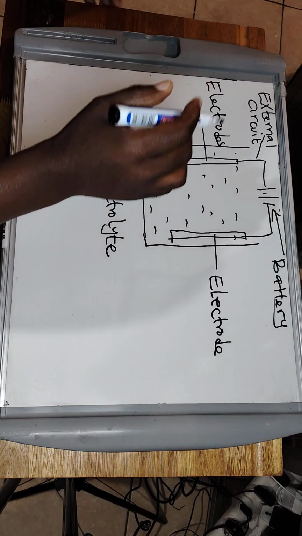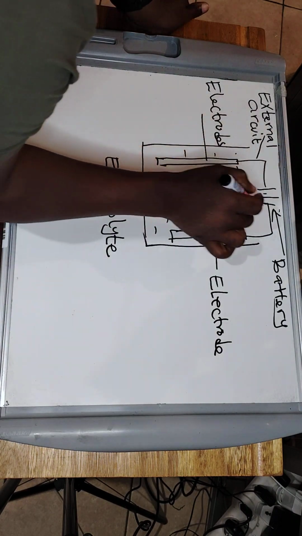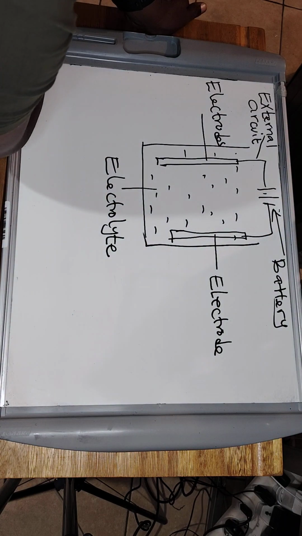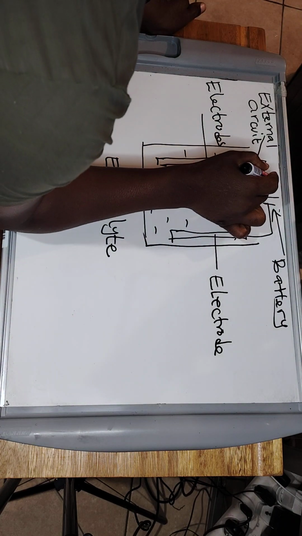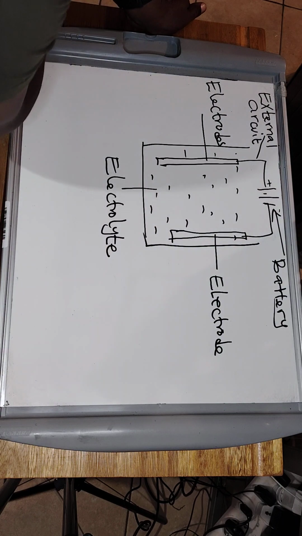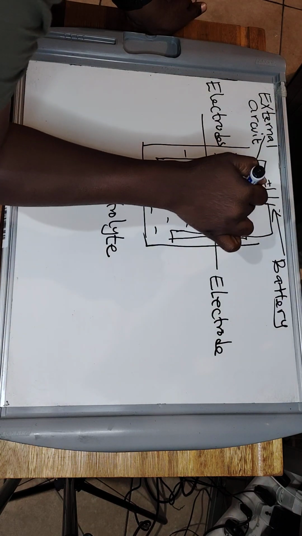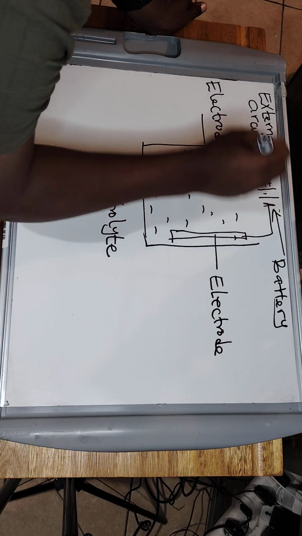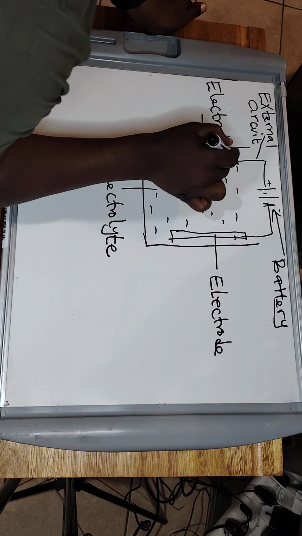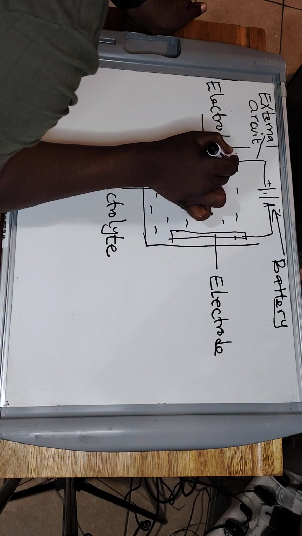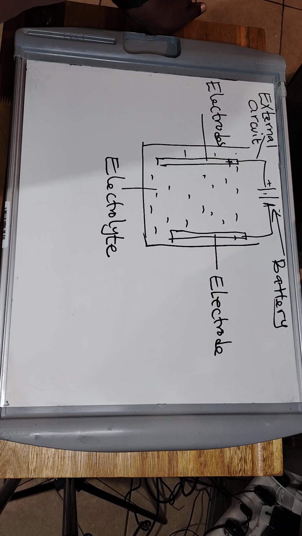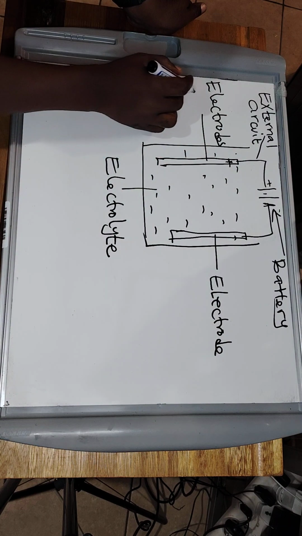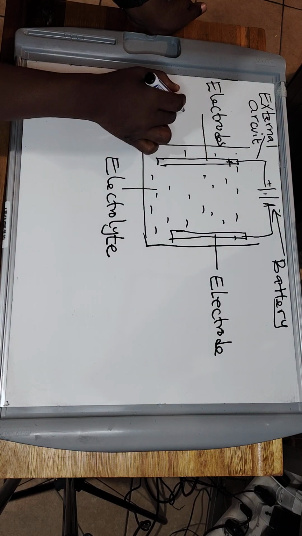Okay, let us come back here. Now, what we have here is a battery. We know that this side, the long part, is the positive one. So this makes this terminal positive. And the positive terminal has a name.